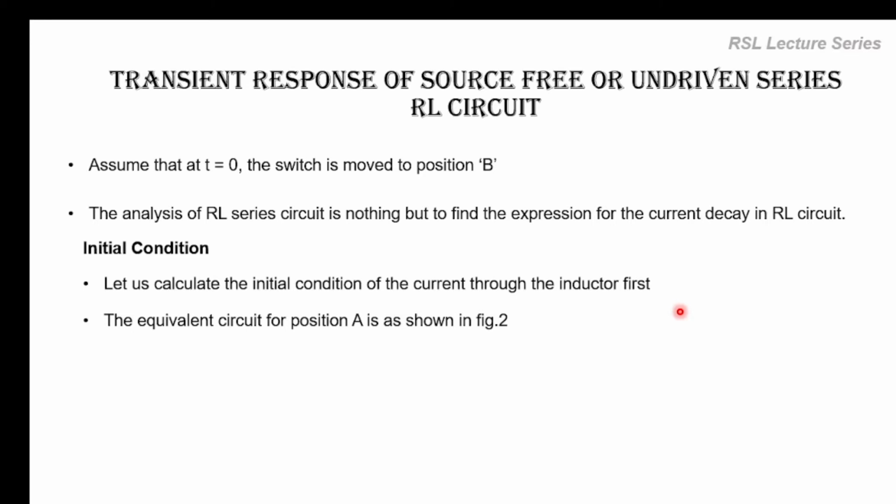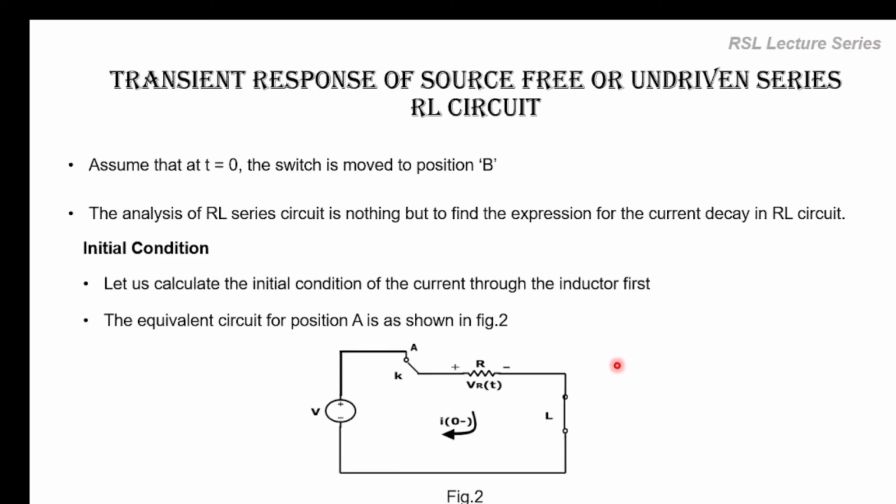Now we have to draw the equivalent circuit for position A. We already discussed that the switch was kept in position A before transition, and the circuit has attained the steady state condition. The current through the circuit is represented as i of 0 minus. 0 minus represents the instant just before moving the switch to position B.